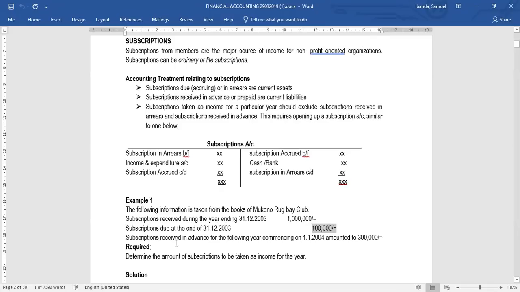Then subscriptions received in advance, okay? Subscriptions received in advance. These are subscriptions that relate to the next period, okay? Which, remember, we said that this should be recorded as liabilities. Then we also come and record them accordingly. So let's just draw up our account for us to appreciate how that will exactly be.